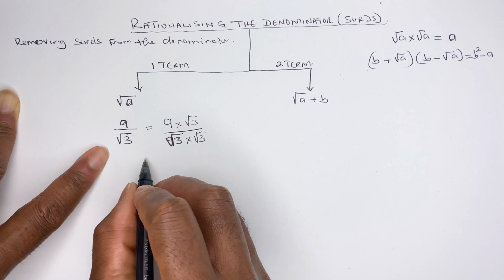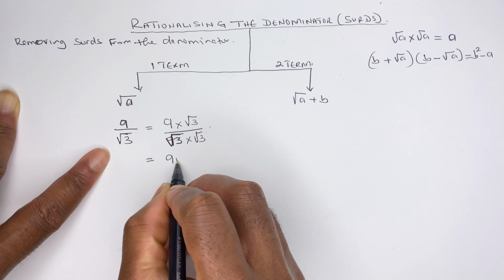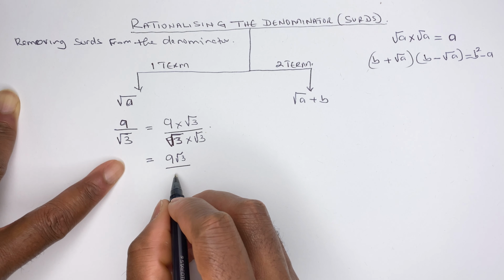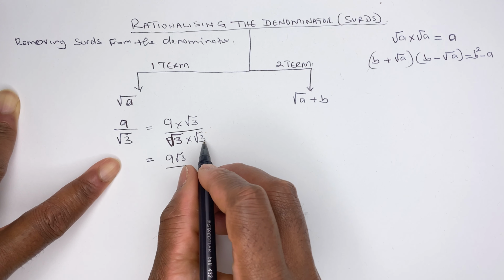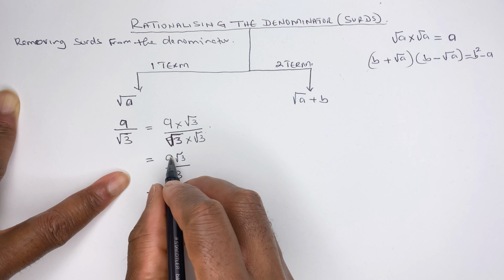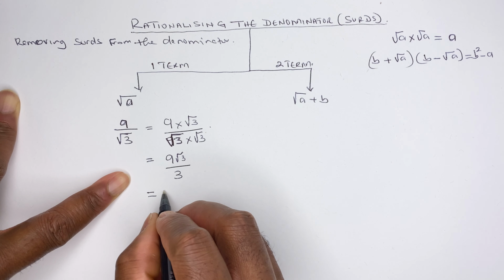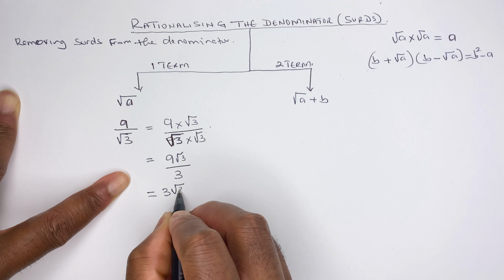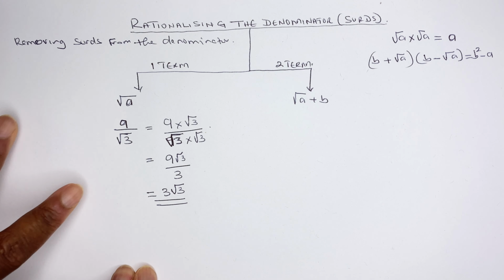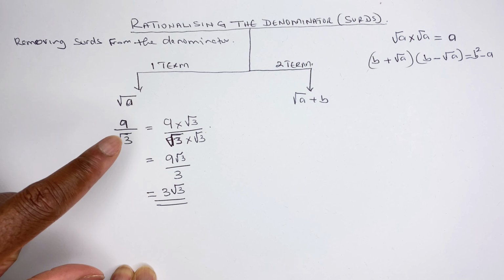So 9 times root 3 over root 3 times root 3. That becomes 9 root 3 over 3, and 9 divided by 3 is 3, so that'll be 3 root 3. That's how to eliminate surds with a one-term denominator.